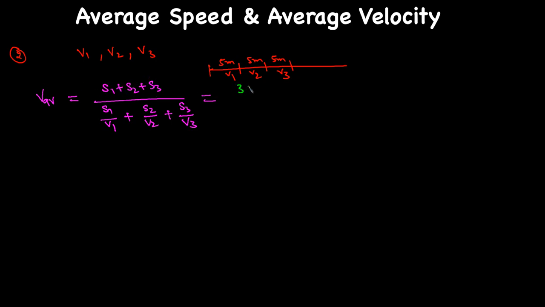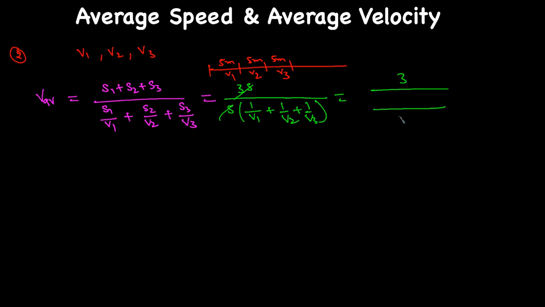and these all become s, so I'm going to take s out as a common factor, left with 1 over v1 plus 1 over v2 plus 1 over v3. This s will cancel out, and here we find the common denominator, which is v1 v2 v3.